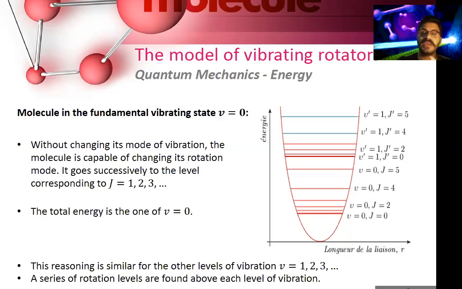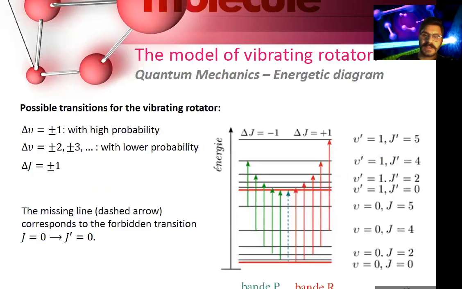Physically speaking, you are now on the same row in the class, but you have different possibilities to sit on the same row. And obviously the same case when the vibrational energy gets increased. So we go to V prime equals 1, then you also have different levels of rotational energy.